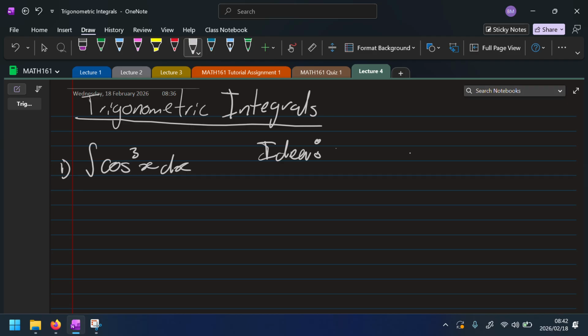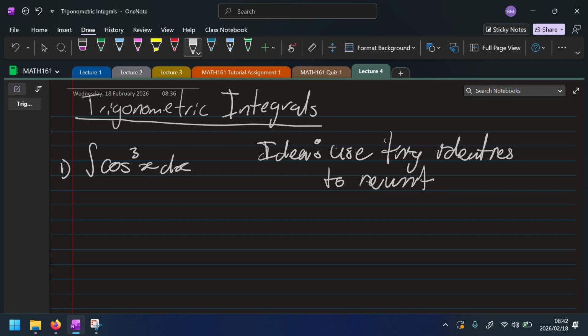So we've got this trig function, cos cubed.